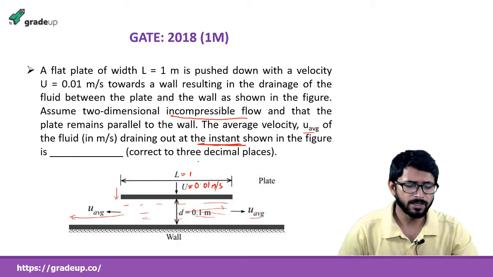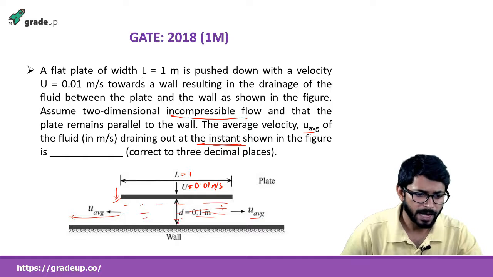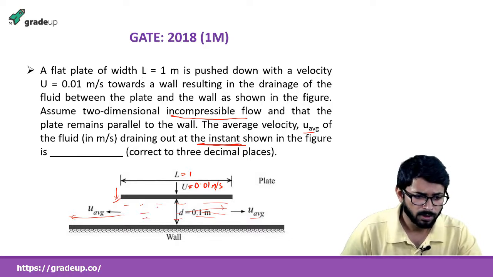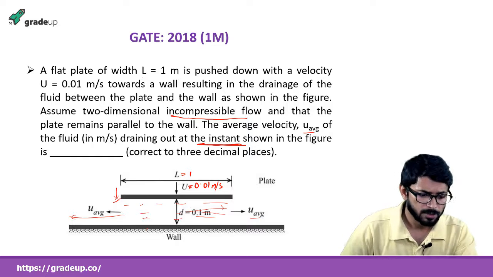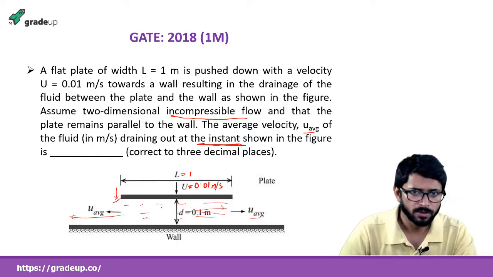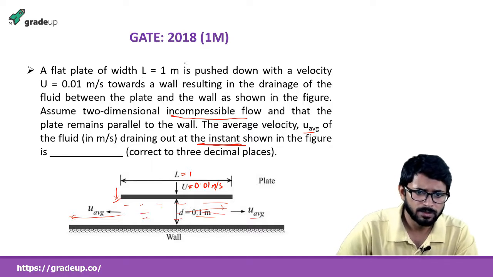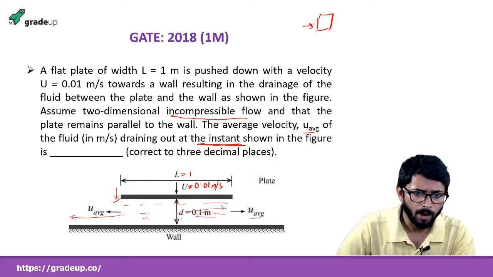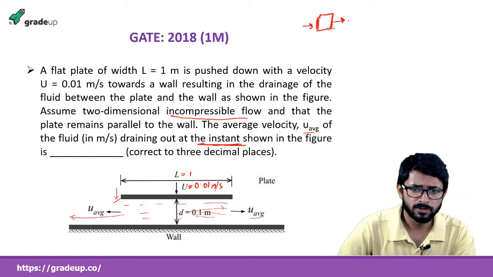We have to find, at this particular instant when the gap between the plates is 0.1 meter, what will be the velocity of the fluid draining out from between the plates. Here first of all we will use the continuity equation.